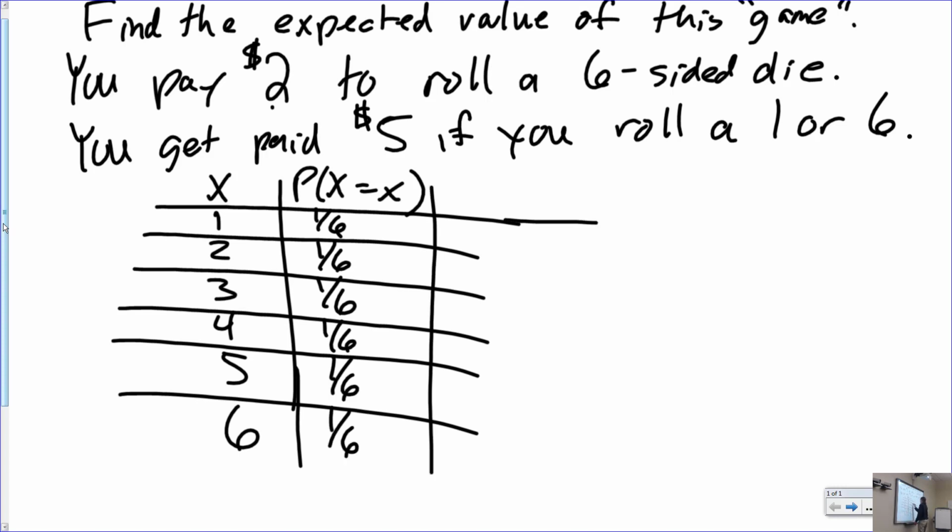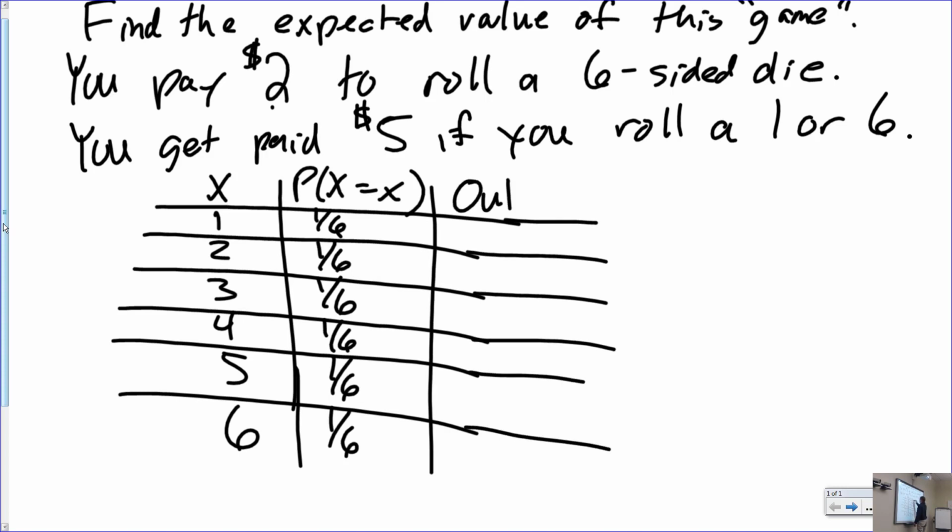Now, when you have outcomes, you need to include that in the table. So what is the outcome if you roll a 1? $3. Why is it $3? Because you paid 2 to play, but you got paid 5 coming back, so your outcome is you win basically $3, right?